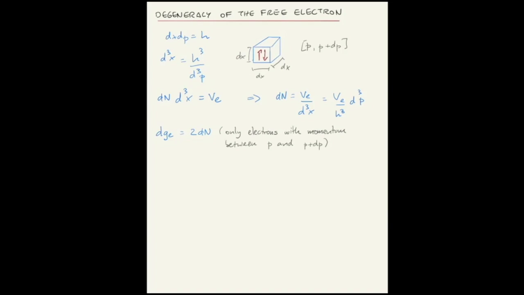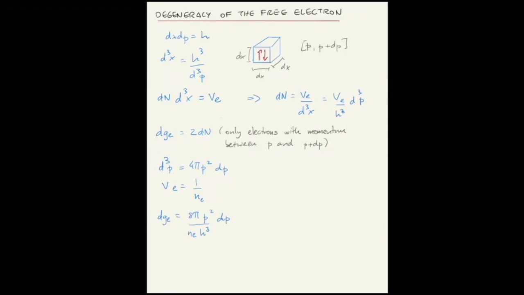So for the total number of electrons, then we need to integrate in momentum. If we assume spherical symmetry in phase space, we can then write that d cube p is equal to 4 pi p squared dp. And the volume of the electron distribution then is the inverse of the number density.